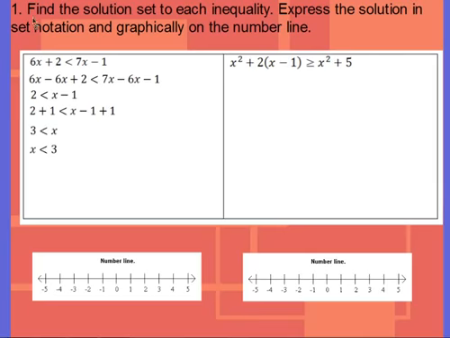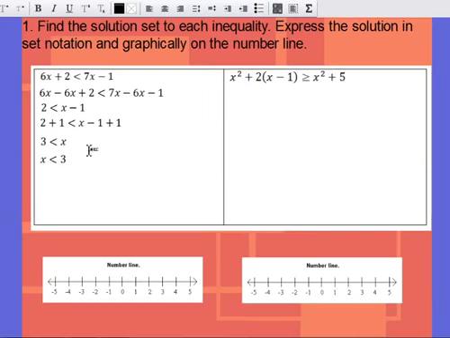In order to express in set notation, I'm going to need a text box. I'll go ahead and put one here. We're going to need a brace. My x's are real numbers, such that x is less than 3.